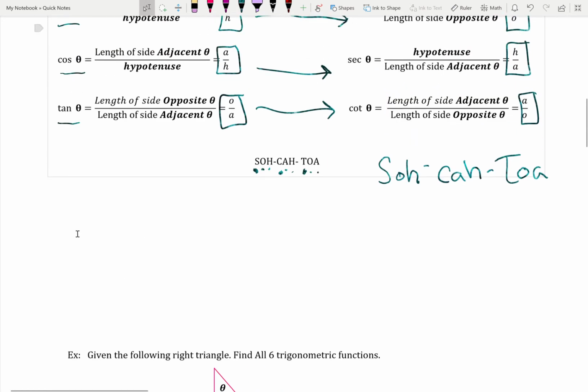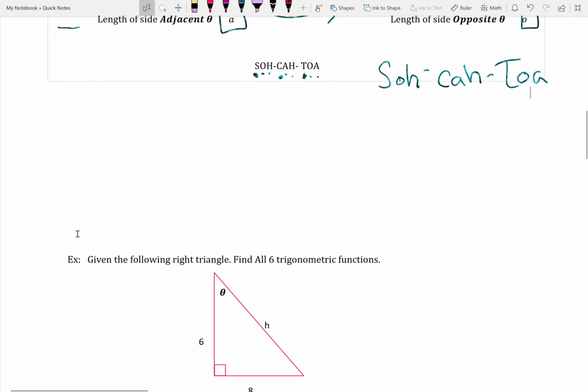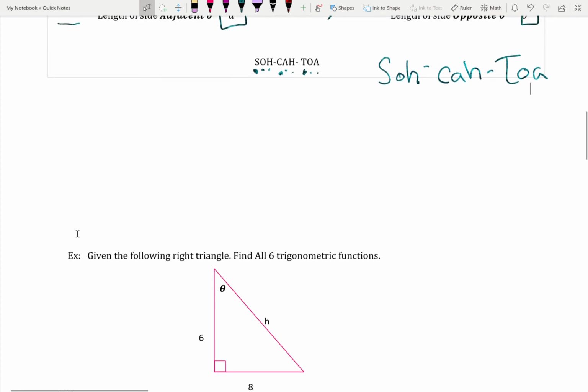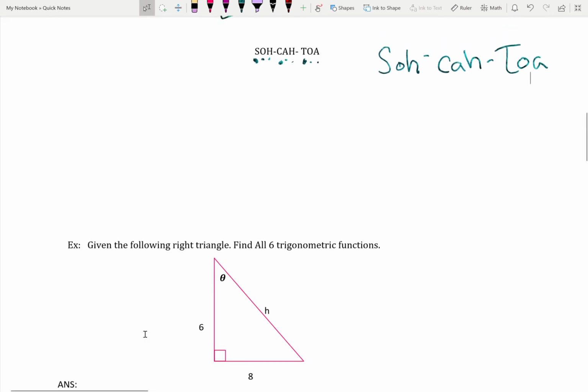All right, so let's get some practice with these trig functions, okay? So we're given a right triangle here, and our goal is to find all 6 trig functions. Let's first identify what's what. We know that the longest side right here is going to be our hypotenuse.